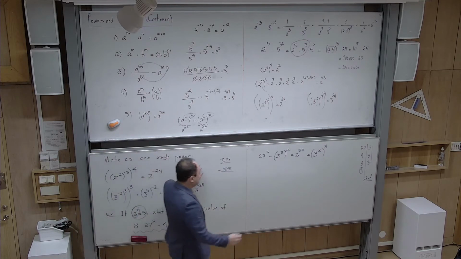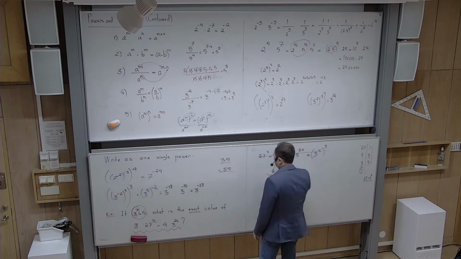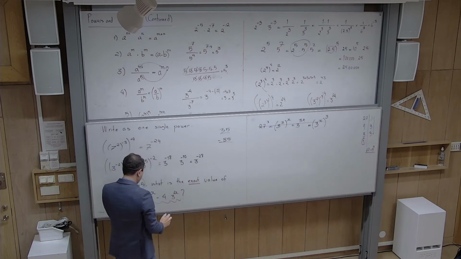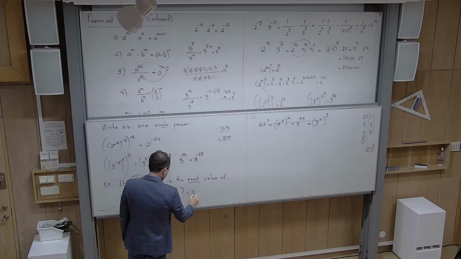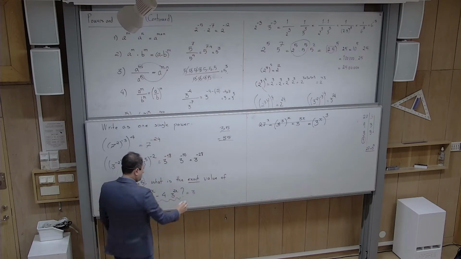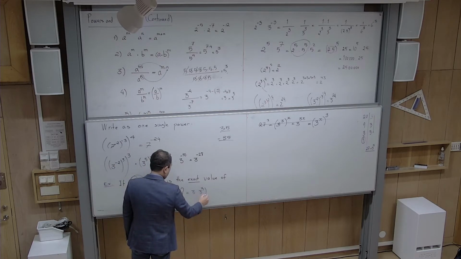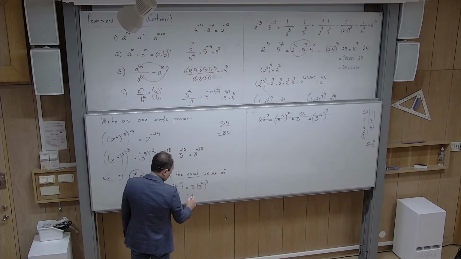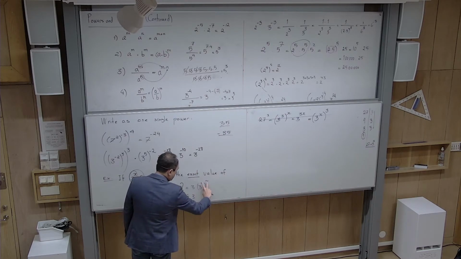So now I understand what to do. So I go to my work. I would write 3 to the power of 3 to the power of x, and then I will continue later. I would write 3 and then I interchange these two.